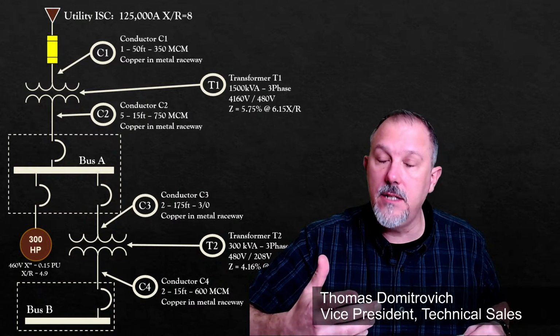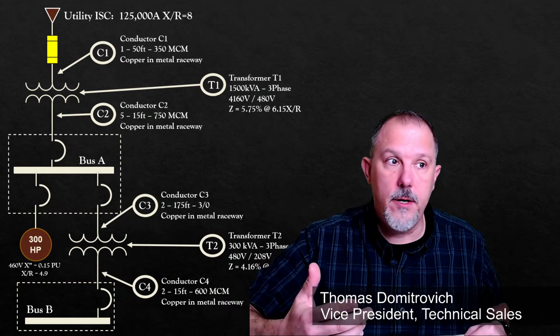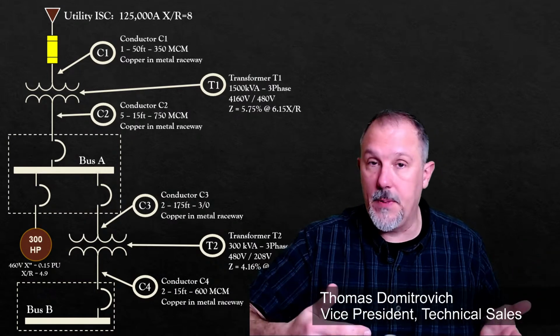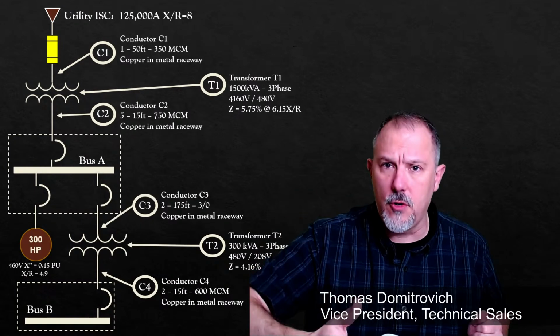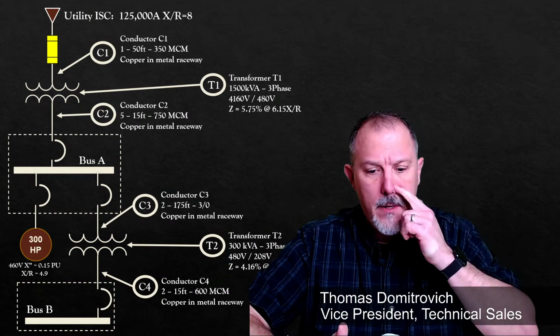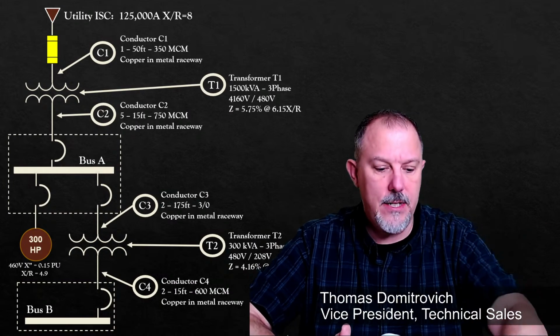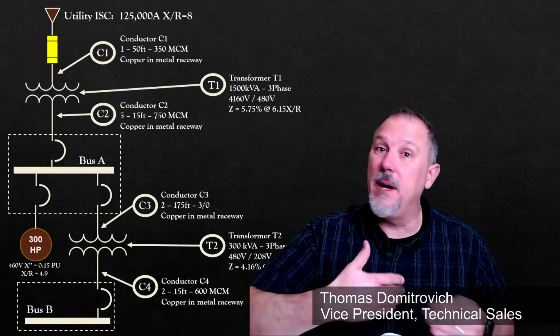But there are cases where, depending upon where you're at in the waveform when you close in on it to energize it, you could be drawing a little bit more inrush. So it might be hit and miss.